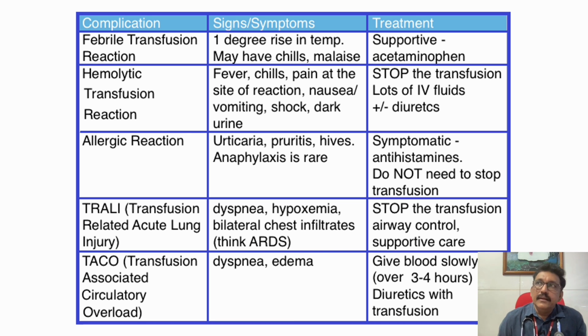It is something related to ARDS, so the treatment option is also like ARDS. These patients will not respond to Lasix. That is very, very important. The patient who is having TRALI will not respond to Lasix, but the patient who is having TACO will respond to Lasix.